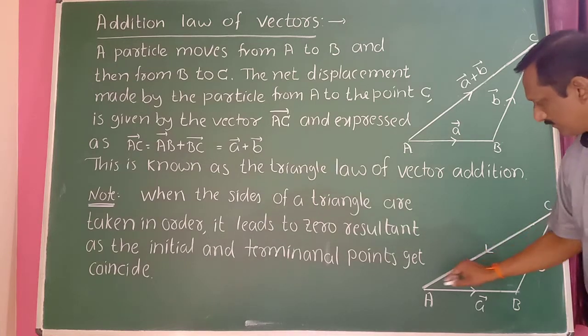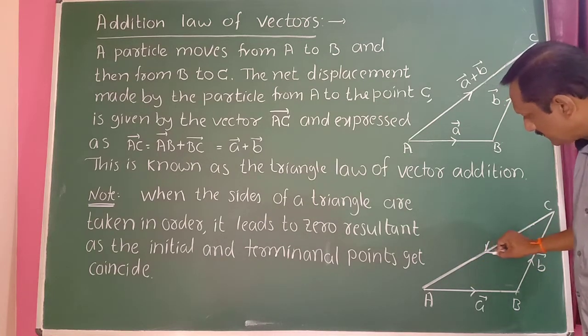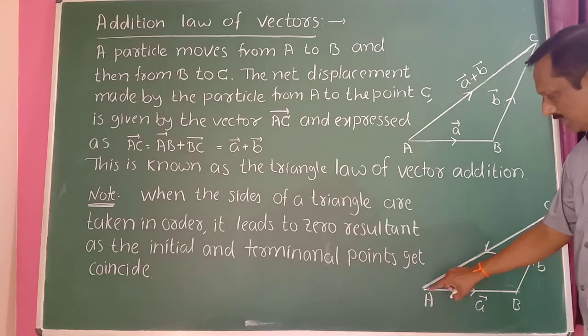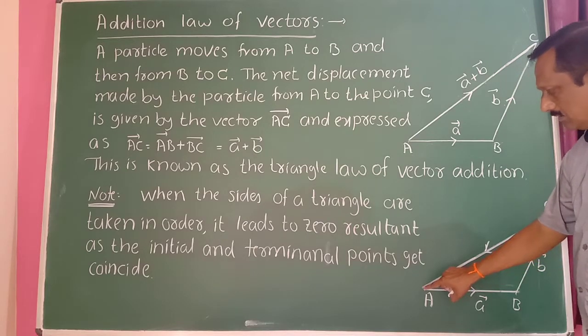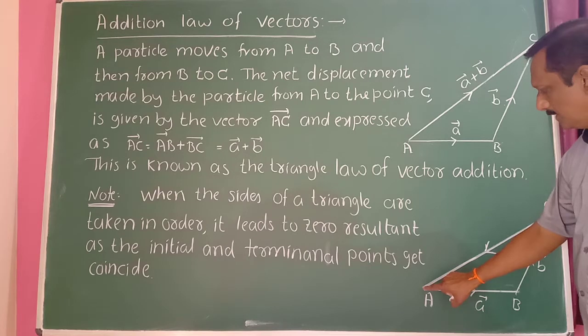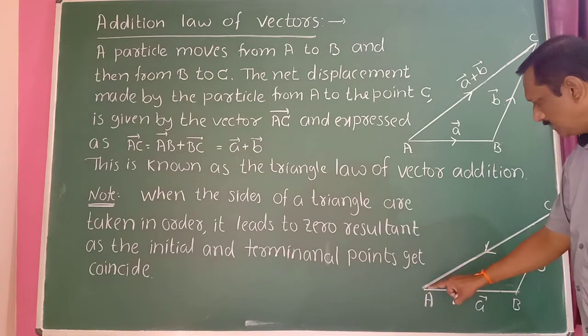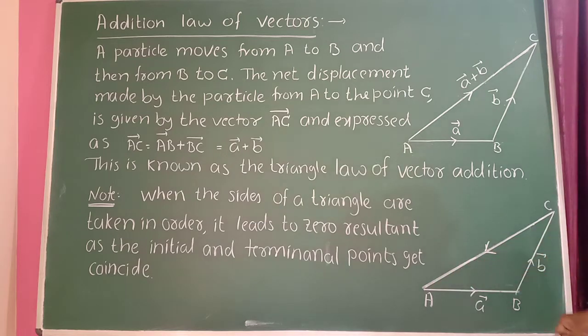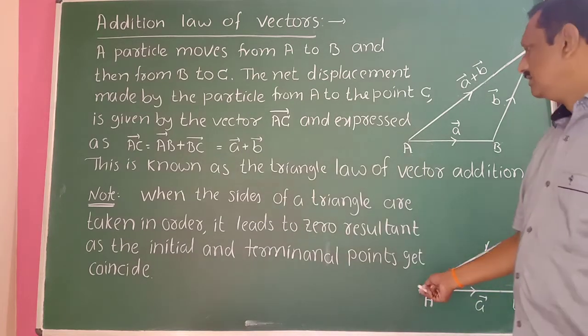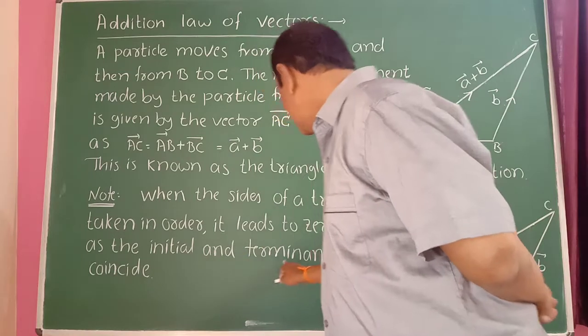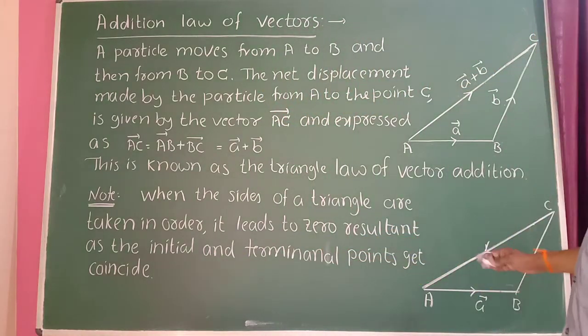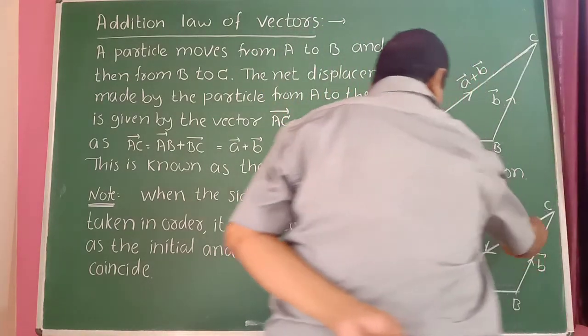Similarly, CA, direction is important here. So in this case, it is the initial point of the vector AB and the terminal point of the vector CA. Both coincide here. Hence, the initial and terminal points coincide here. In this case, AB plus BC.